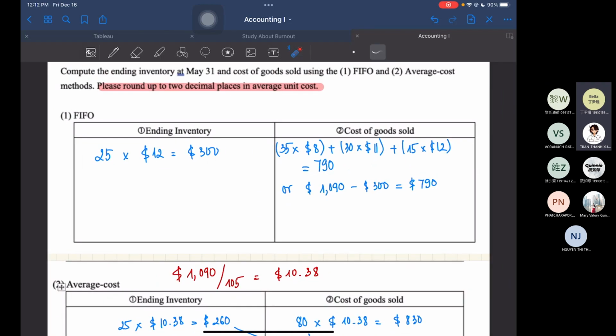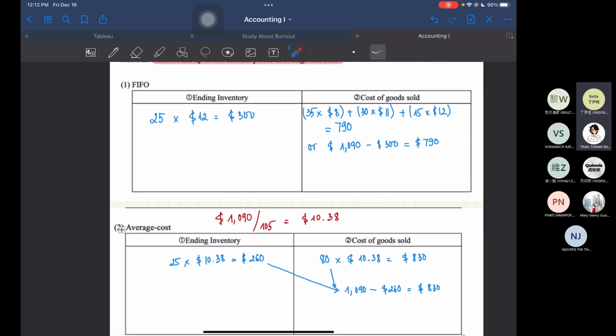Sometimes the teacher gives the requirement as three decimals. It doesn't matter, just read the question and follow it. If you don't round as the question requires, you may have a slightly different amount compared to the answer. So be careful with that.